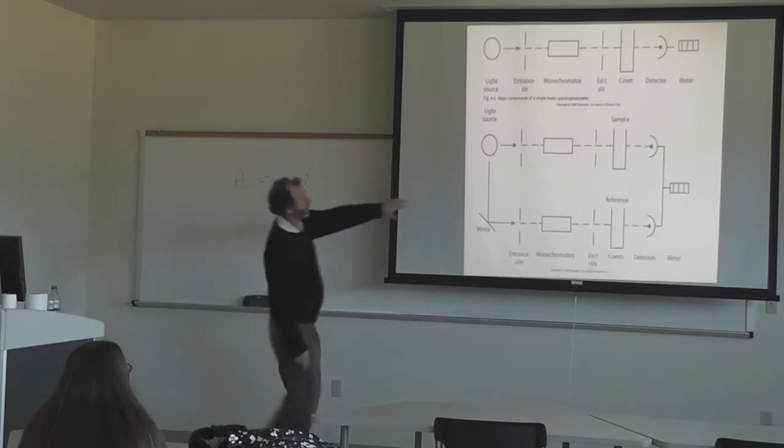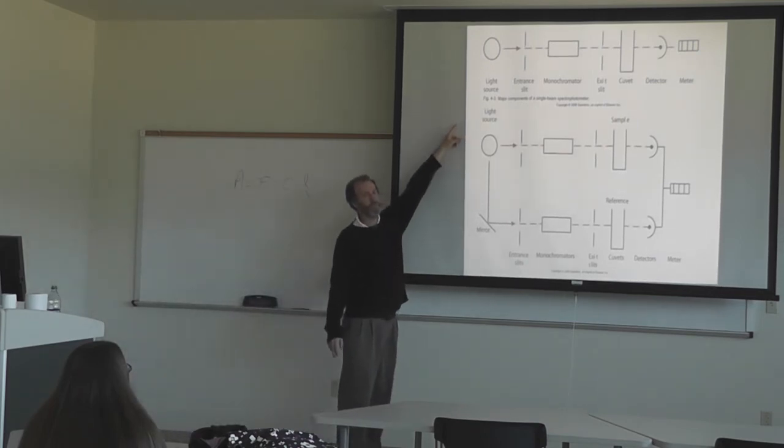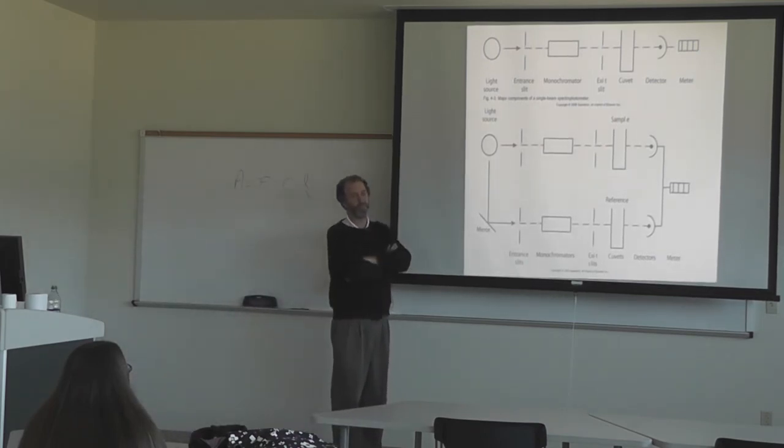What would be the advantage of a system like this over this? It has the sample and the reference at the same time. Yeah, so why is that an advantage? The person doesn't change them in and out.